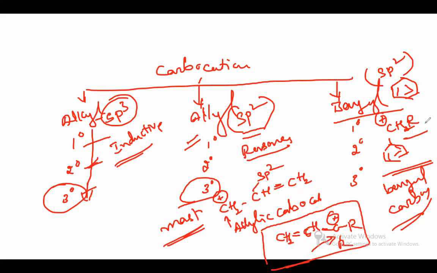This is also divided into 1 degree, 2 degree, and 3 degree. I'll erase completely. In the case of benzyl, I'll write benzene, which has alternate double bonds.